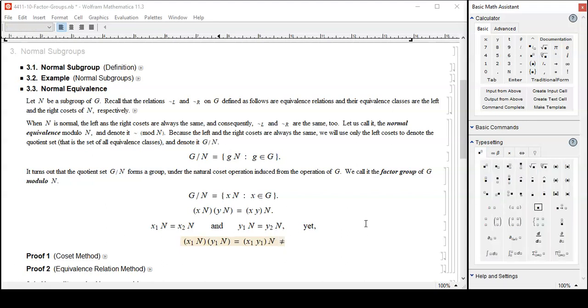But what if this is different from x2y2N, which is x2N times y2N? What if we have something like this? This here, blue, and this here, blue, are the same.